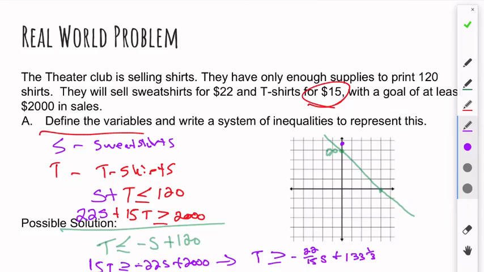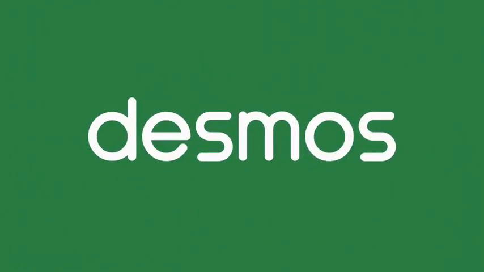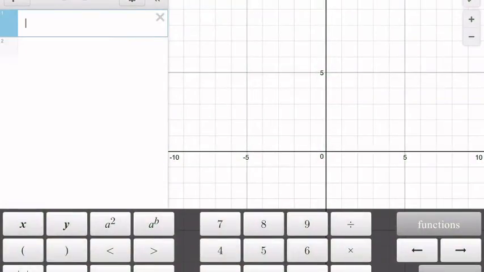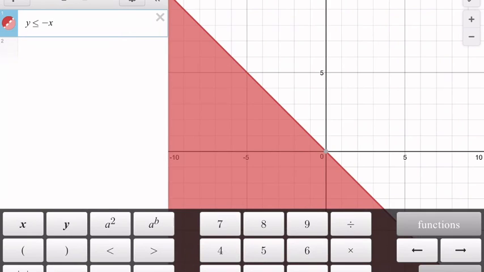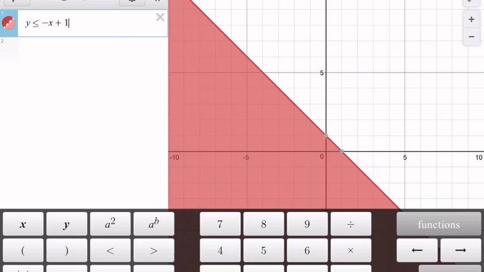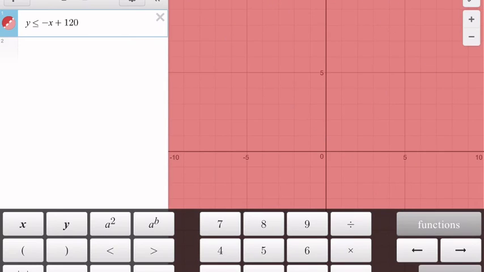Now, I'm going to click out of this for a second. Head over to Desmos. There we go. Let's see if it lets me do this. y is less than or equal to negative x plus 120. Notice how they shade that nicely for us.